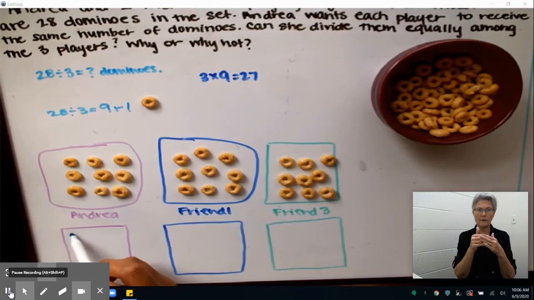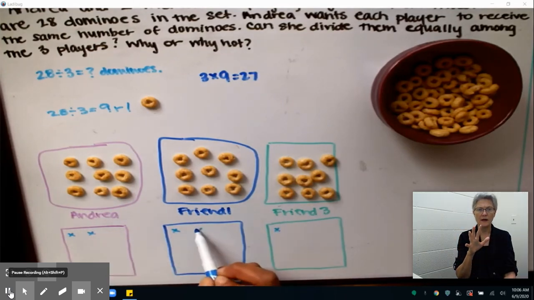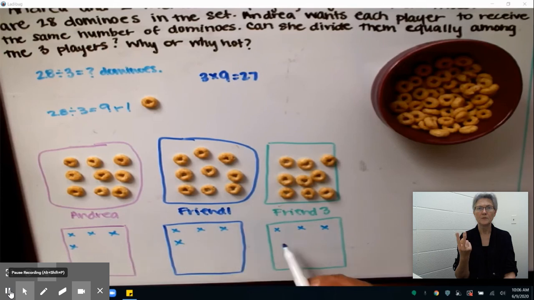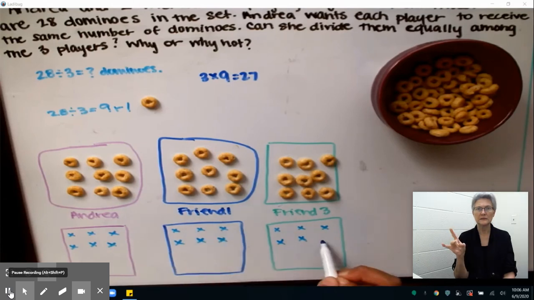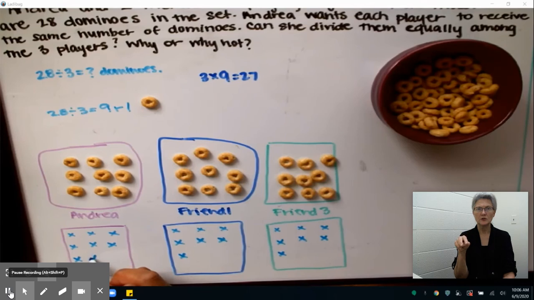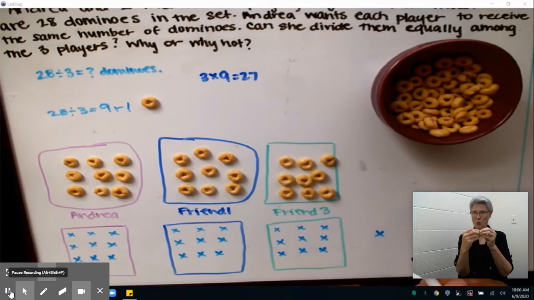So I have 1, 2, 3, and so on, up to 27, and then I still have 1 more left to get to 28.